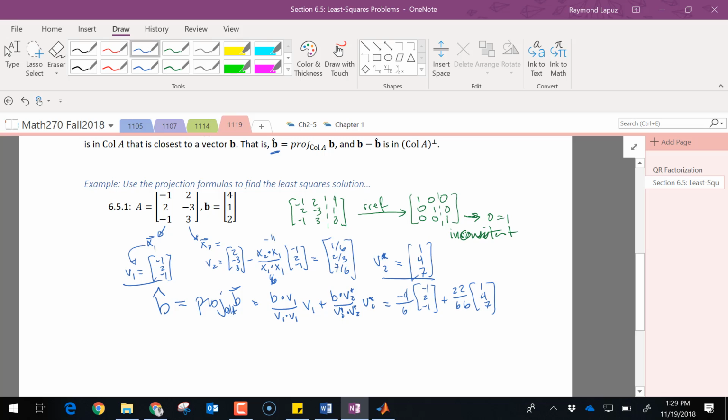All right, let's work this out a little bit. 4, 6, -2/3, and this is divided by 22, yeah? Third. So positive 2/3 plus 1/3 is 1. -4/3 plus 4/3, that's 0, right?